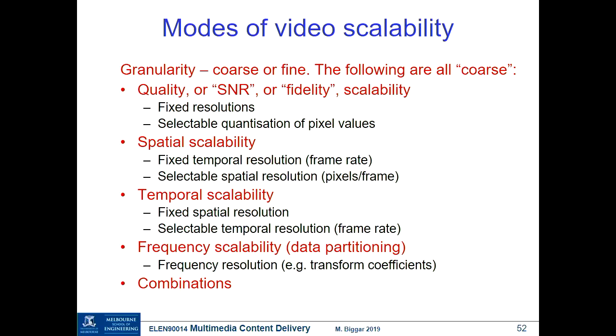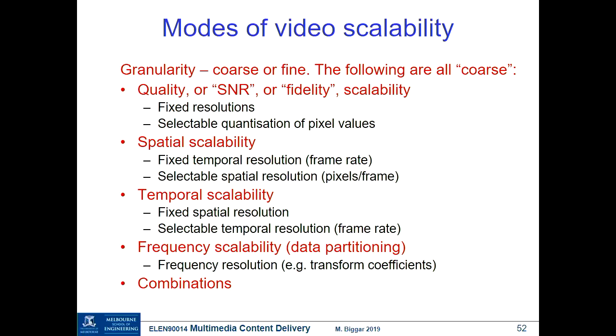There are different modes of video scalability, and we'll go through each of these quickly. I'd like to get through all of them and finish tonight if we can. So for a given spatial resolution and given frame rate, we can have selectable quantization of the pixel values, for instance, to give a different level of quality, or different SNR as it's labelled here.